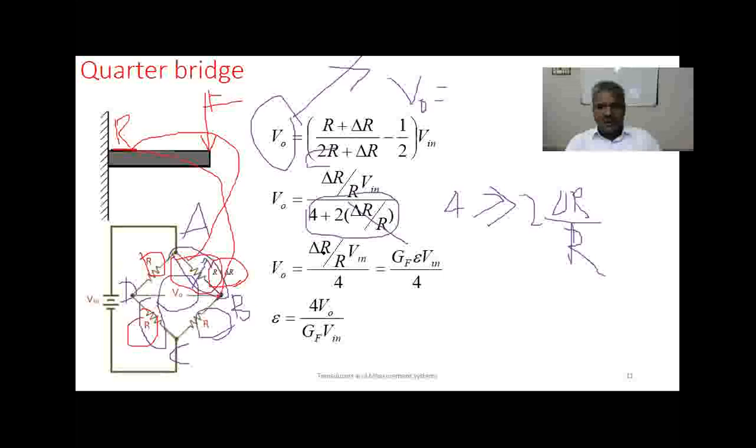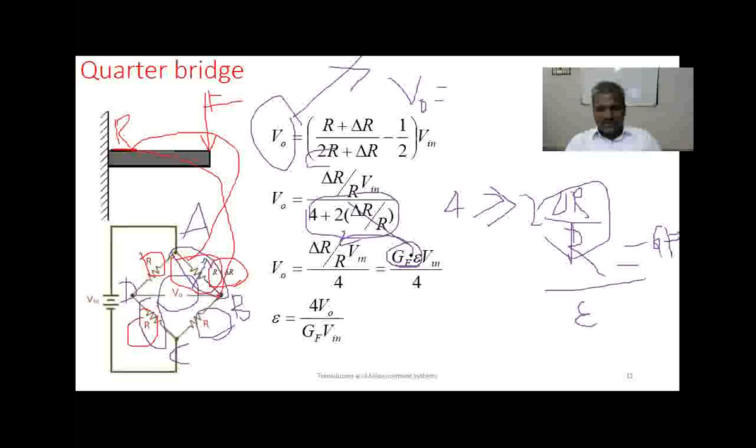Del R by R divided by epsilon, the strain, is equal to the gauge factor. So instead of del R by R, we can substitute gauge factor into epsilon. Finally we get V naught equal to GF, the gauge factor, times strain times V in by 4.